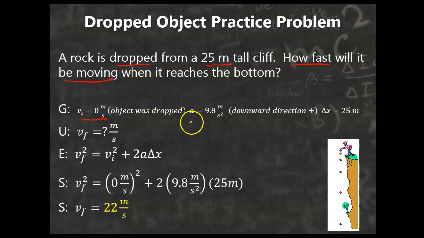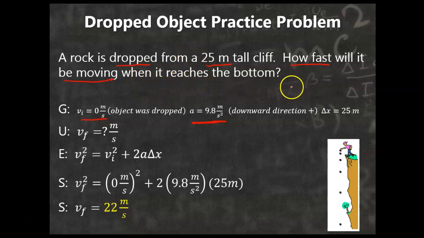It didn't say acceleration is 9.8 meters per second squared, but because of the problem described, it's understood you're on planet Earth, so the acceleration is known to be 9.8. The problem won't specifically say that acceleration on Earth is 9.8 meters per second squared. It's sort of understood that you know that.